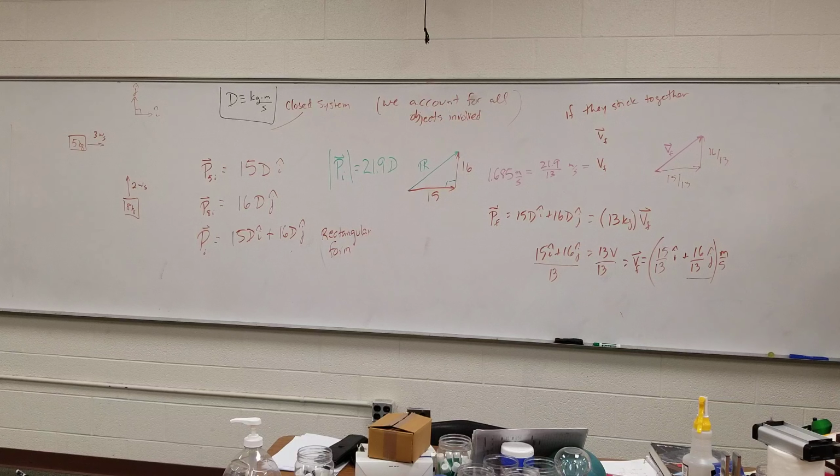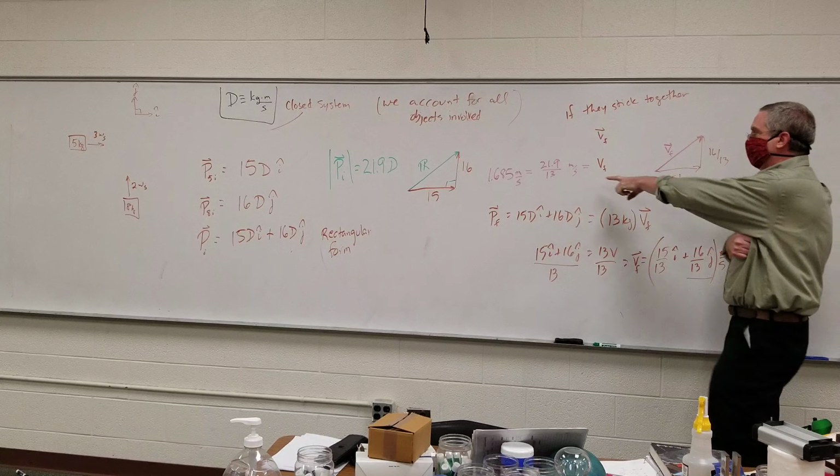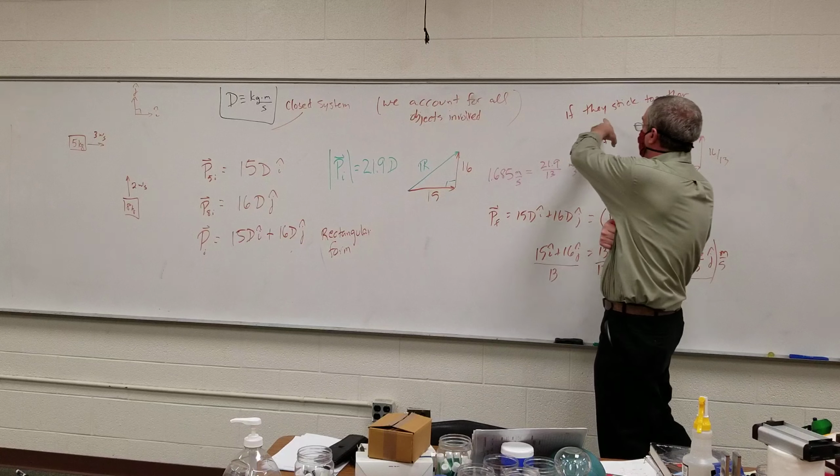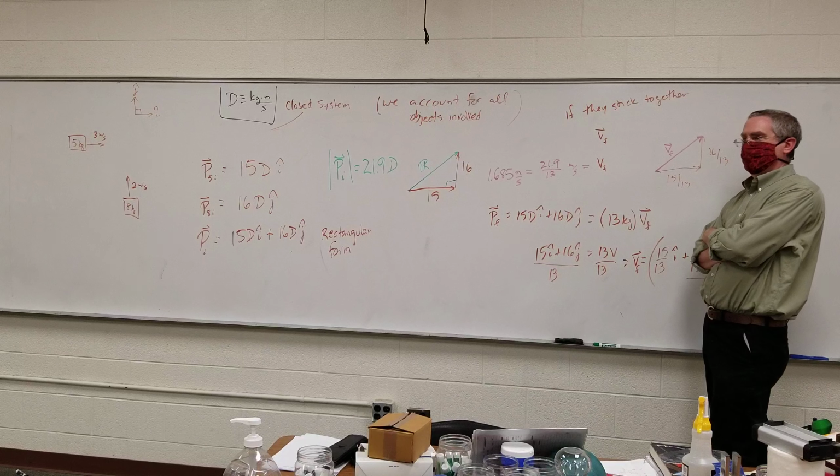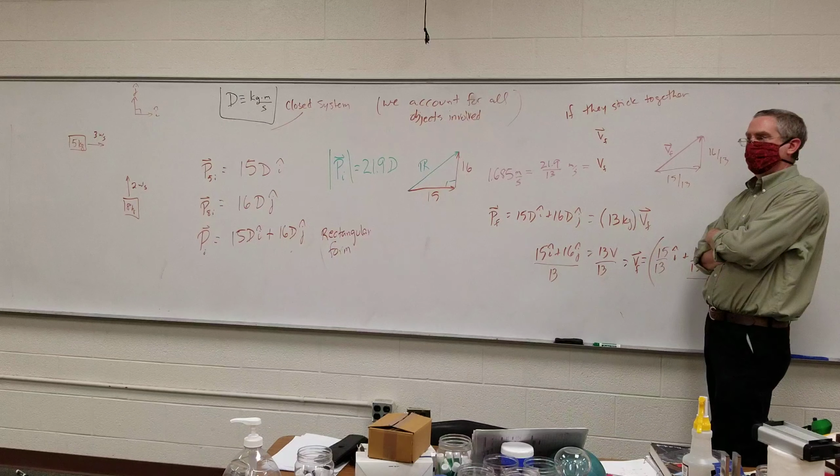Any questions right now? Right here, we just found the speed of this situation after the collision, after they stick together. Okay. And why do we need to do Pythagorean theorem for both of them?